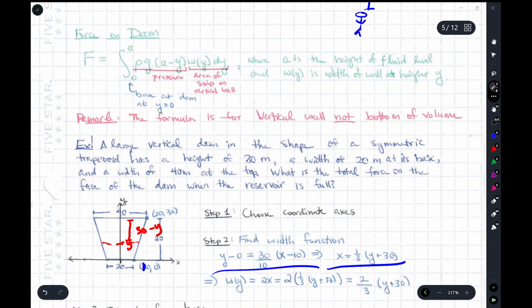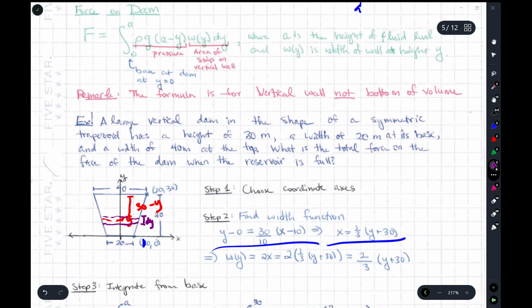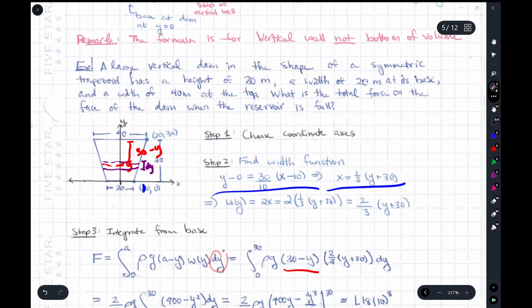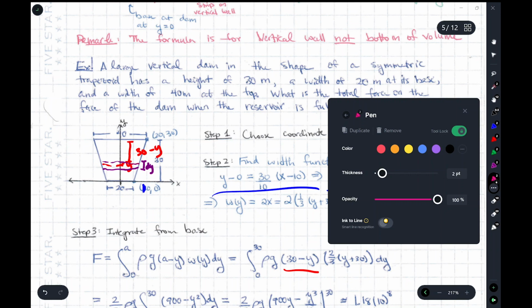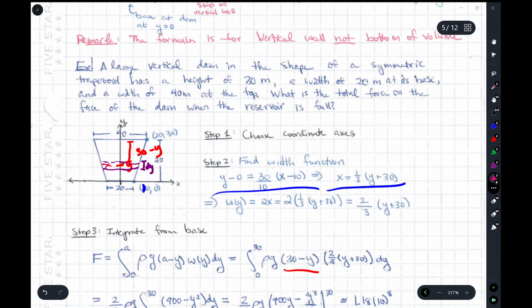And so we're going to take a small slice of that, and here's your dy at y. We'll take the pressure at that depth and multiply it by this dy. So we're going to get a small area at that depth, that's w(y) dy.